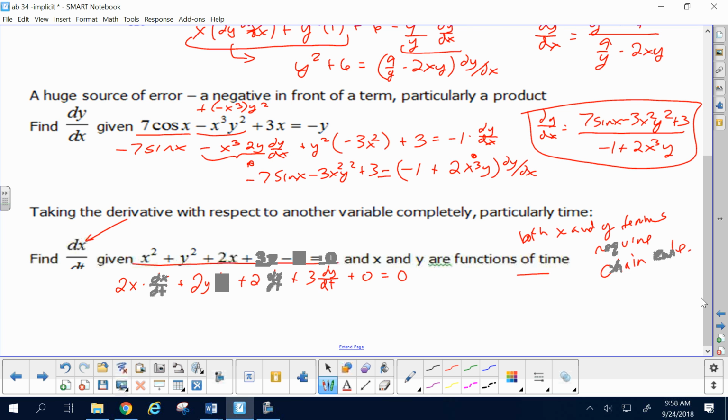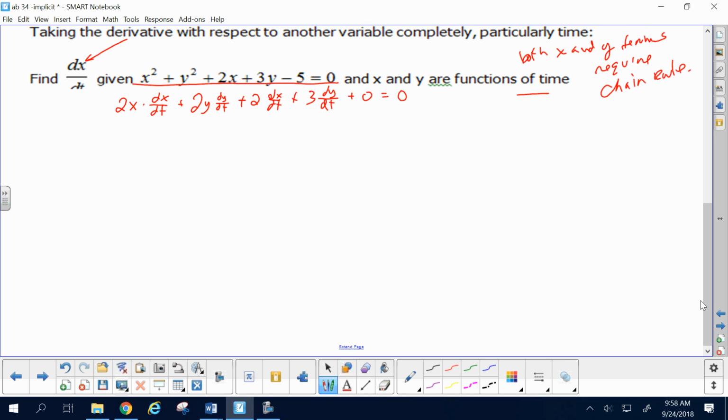And so all good. Now, this one's going to look a little different. If I want dx dt, then I need to isolate dx dt. Let's say I keep these on the same side and factor out a dx dt. I'd have 2x minus 2 over there, right? Anything without a dx dt then needs to be moved over to the other side. So the dy dt terms are going to be over there.